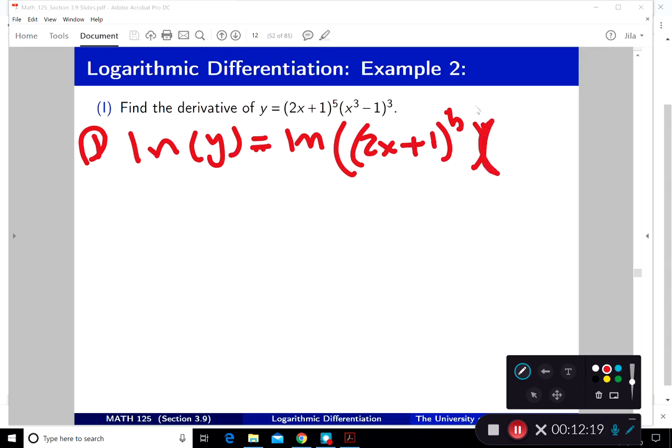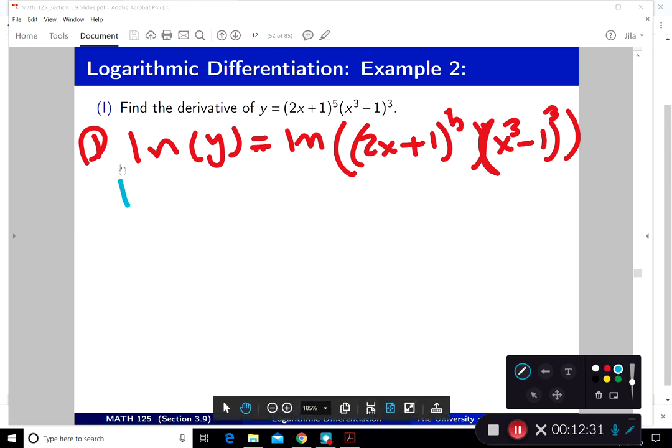Times x to the power 3 minus 1, to the power 3. Now, when I'm taking the natural log, the next step is always to simplify. So natural log of y. This is a product, so I know the product becomes a sum, and the exponent for each piece comes down.